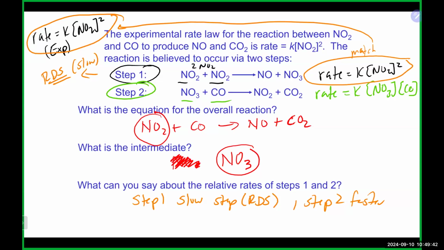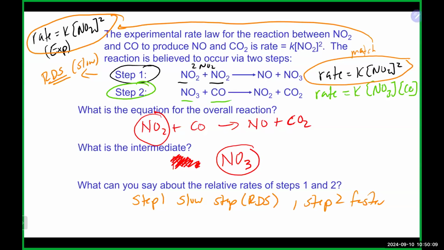So in this particular proposed mechanism, it is that first step that really overall determines how fast this reaction is going to take place. Any questions on that type of mechanism problem? So this is one type of mechanism problem where you can use the information to figure out the overall reaction, intermediates, and which one is your slow step.